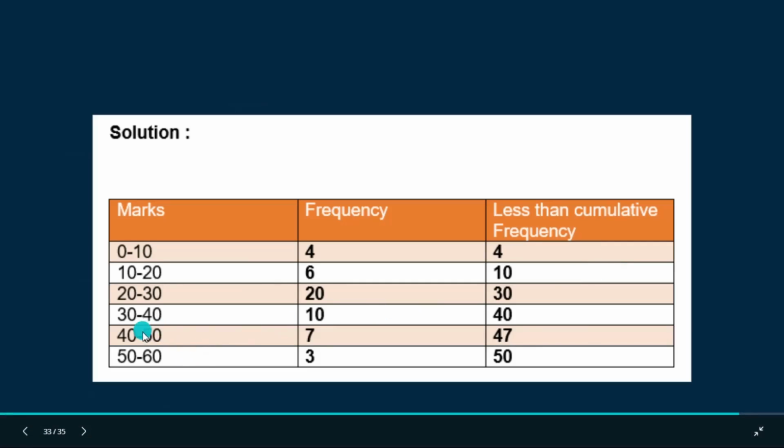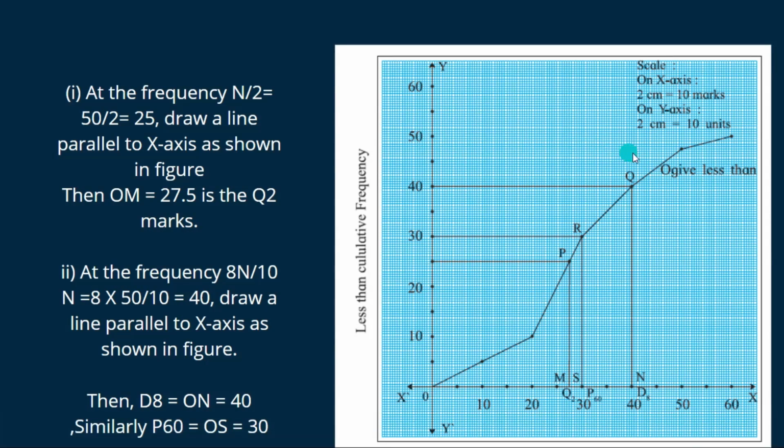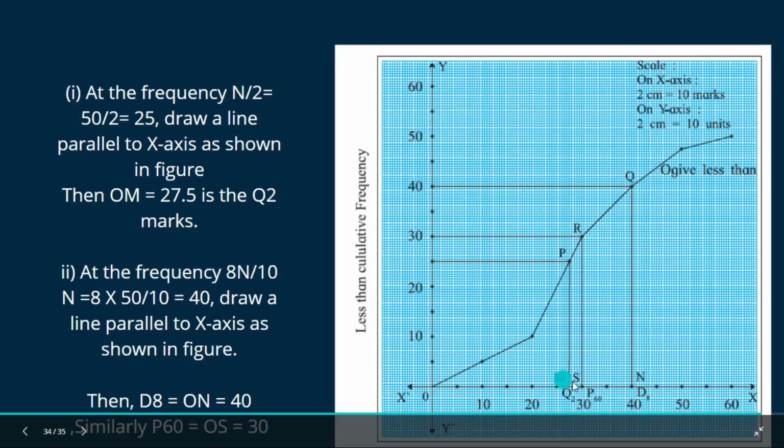Then for 50 there is 47, so for 50 we'll go to 47, it will be below 50, so we plot one point here. Then the last: marks is 60, CF is 50, so for 60 we mark one point on 50, here.